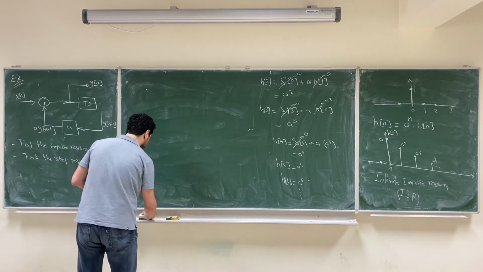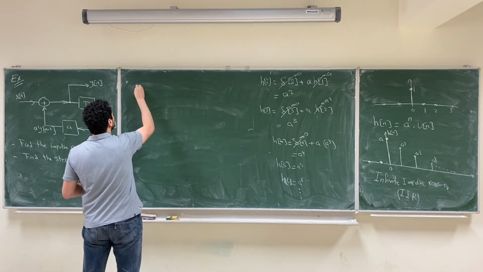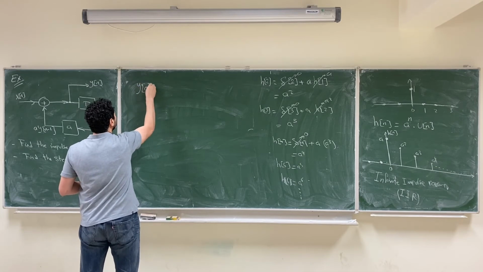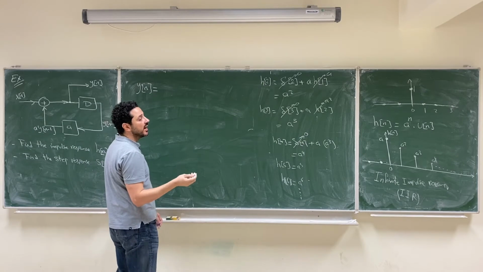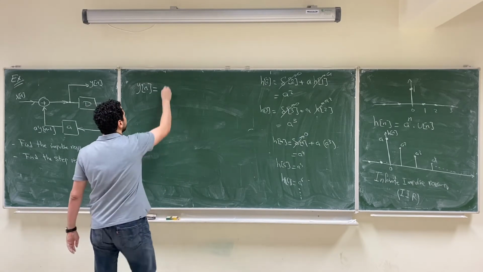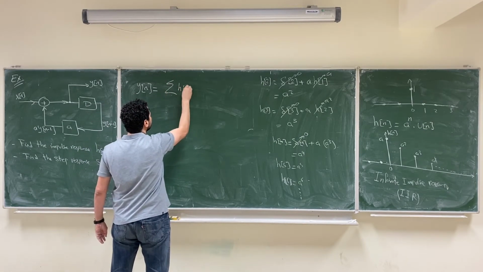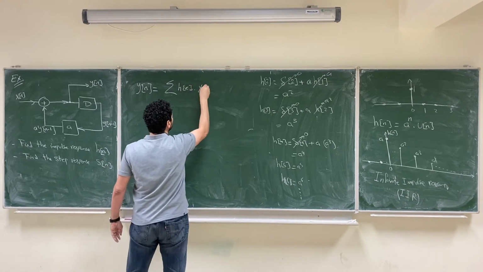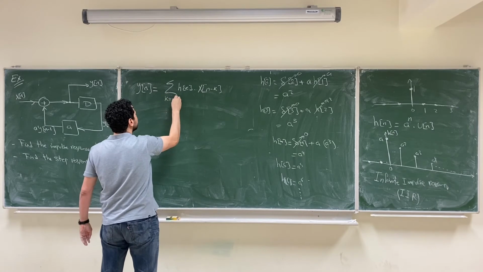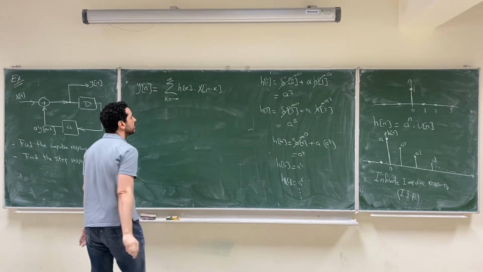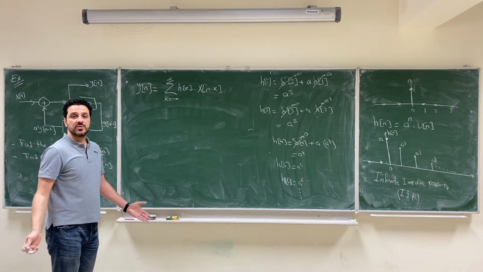The output y of n equals what? The output is a convolution between h and x. So we can write it as the summation of h of k, x of n minus k, from k equals negative infinity to infinity, right? This is the relation between the input and the output.